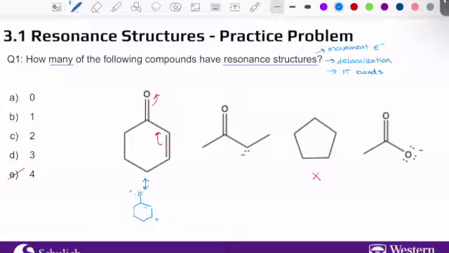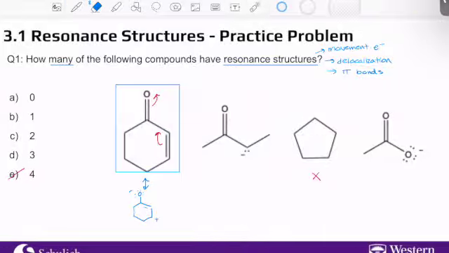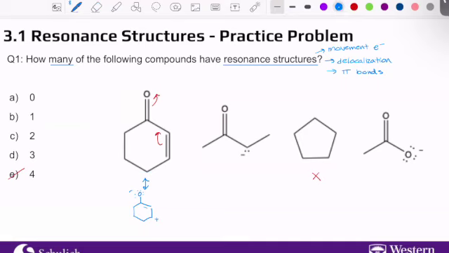And now, one thing I meant to mention in the previous video was that overall this compound is neutral, meaning its resonance structure should have all the charges sum up to what the compound is initially.